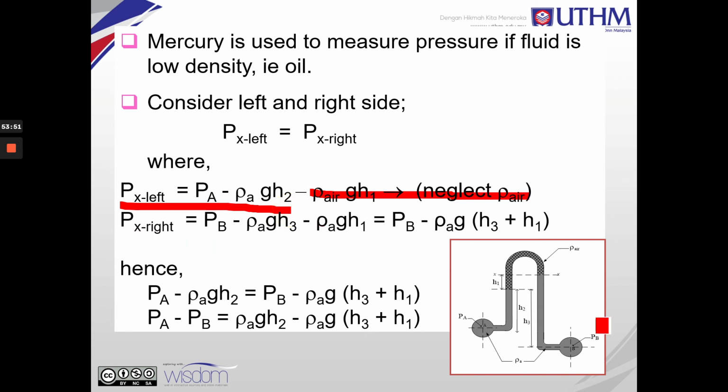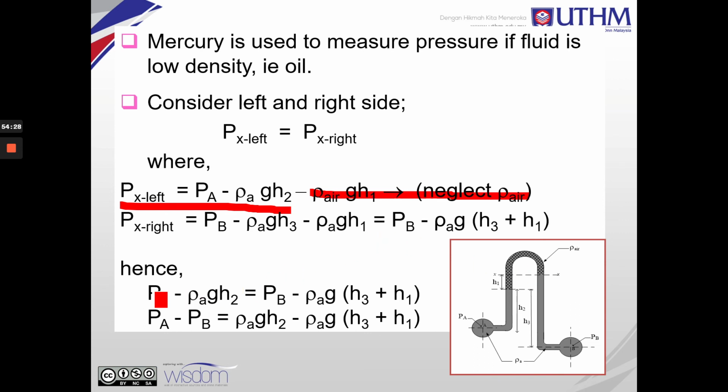For P right, we have PB minus rho A times g times H3, and minus the atmospheric term with g H1, which we neglect. So we have PB minus rho A g H3 plus H1.